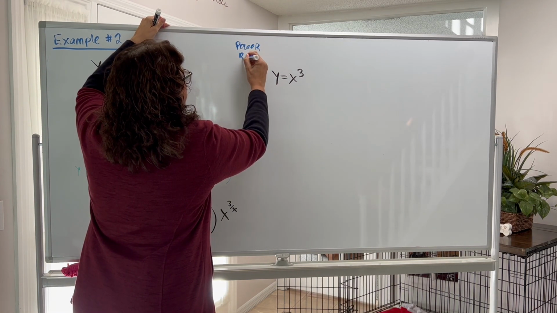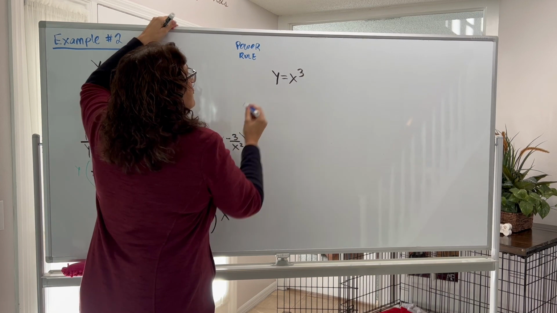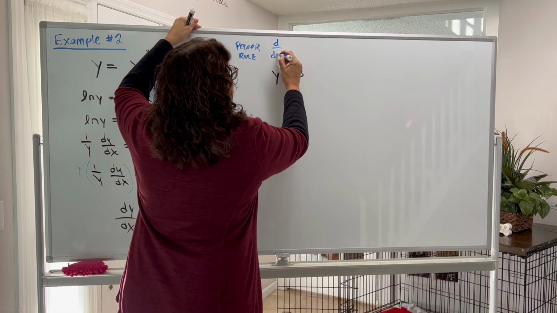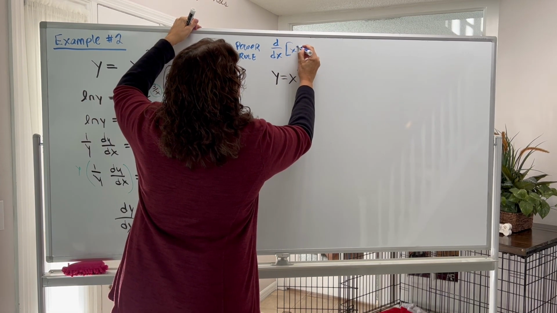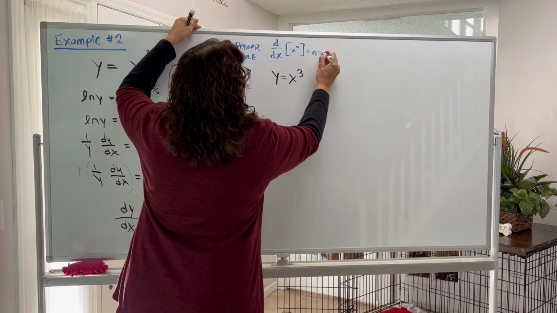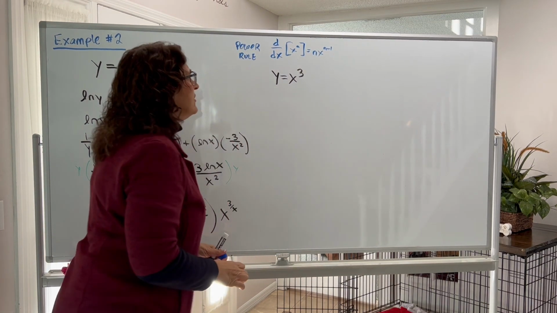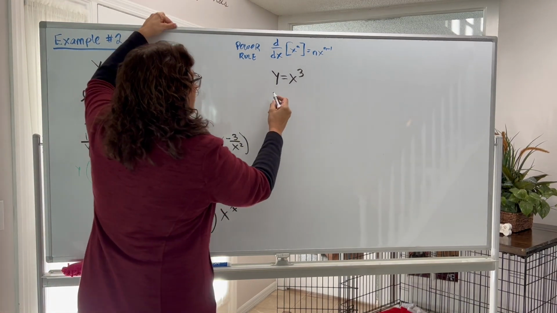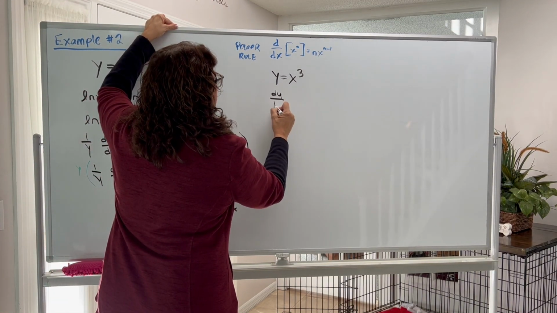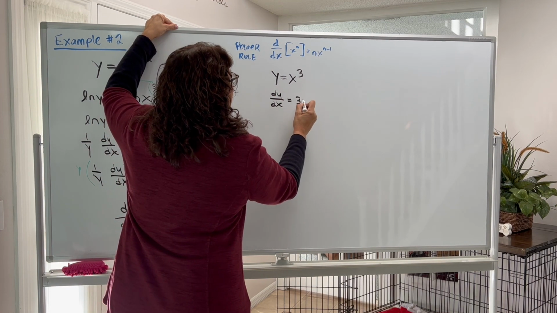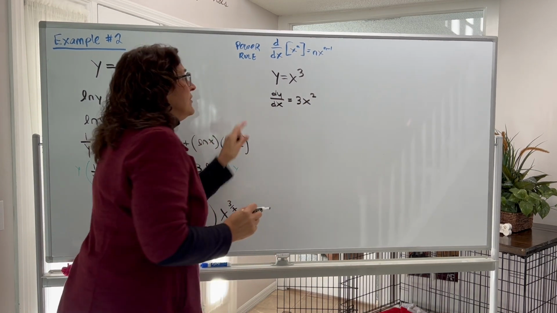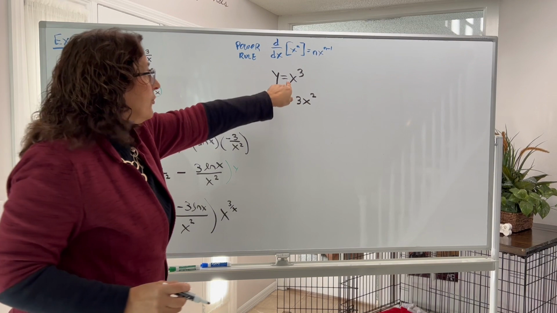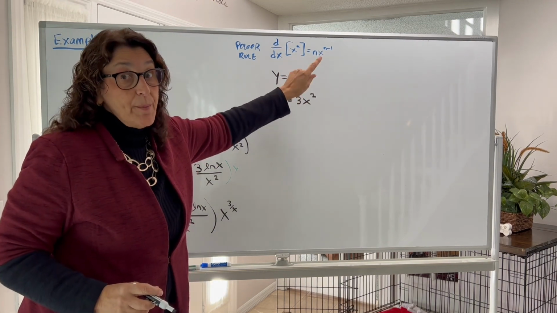When you're finding the derivative of x to the n, it's going to be n times x to the n minus 1 power. So the derivative, dy dx, brings the 3 around front, times x to the 2nd power.